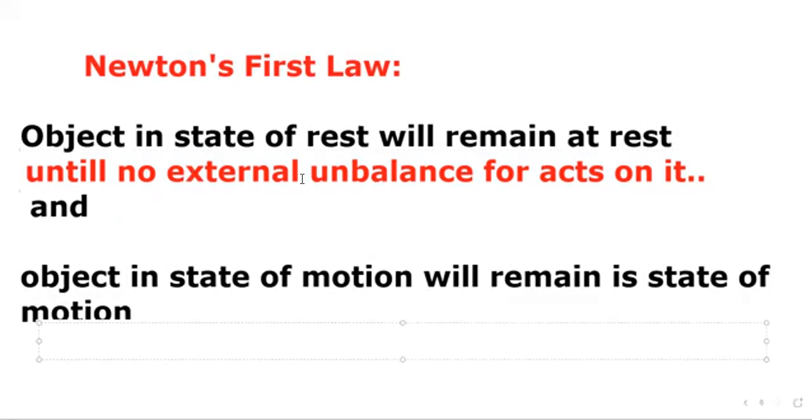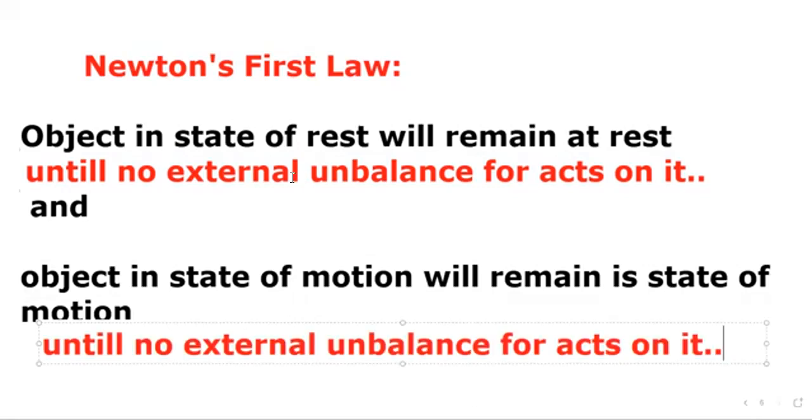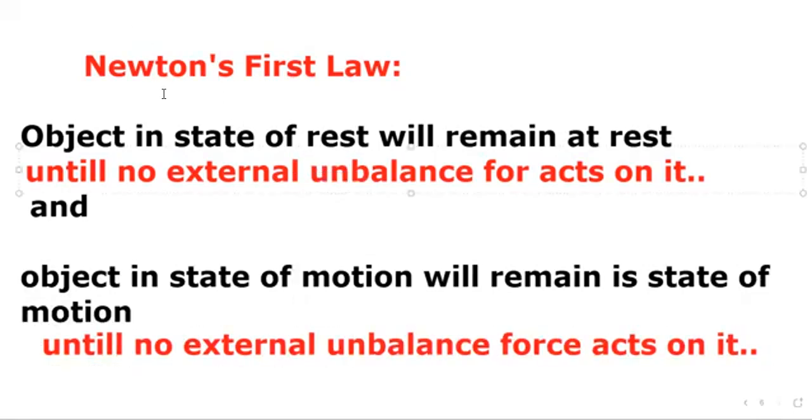Until an external force acts on it. So until an external force acts on an object, the object in a state of rest will remain at rest, and the object in a state of motion will remain in a state of motion.